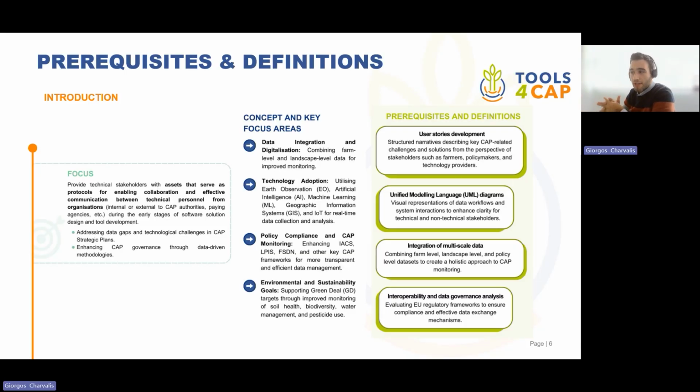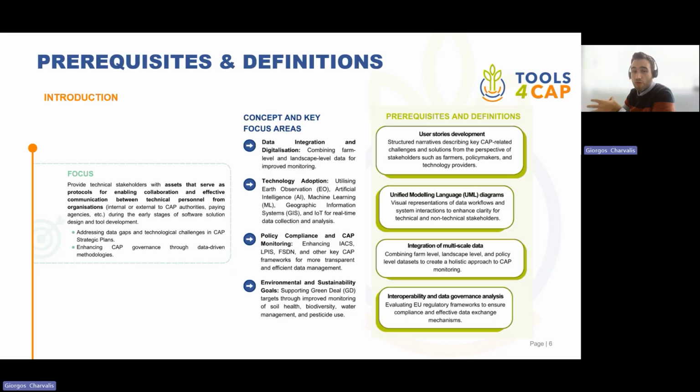Some terms we will see in the next slides revolve around the user story development, which is essentially a structured way to describe a policy question. So the user story is a policy question, a kind of expression of the problem.